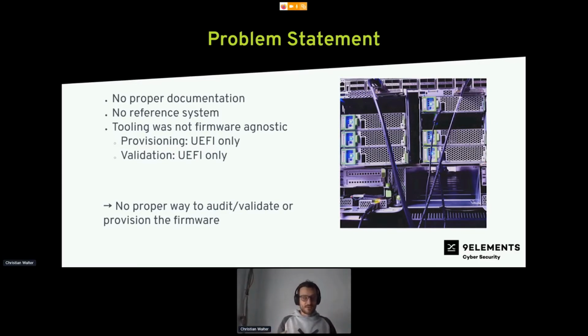We didn't have any reference system available. You can hardly find any system that you can just buy which has Intel CBT enabled. And we are also working on Intel scalable systems, which made things a little more complicated. So we didn't have any reference whatsoever available that we could compare against.